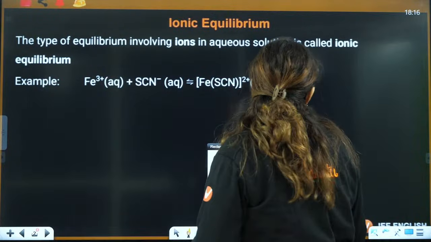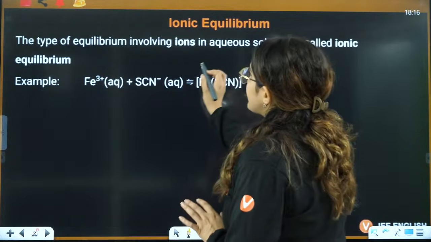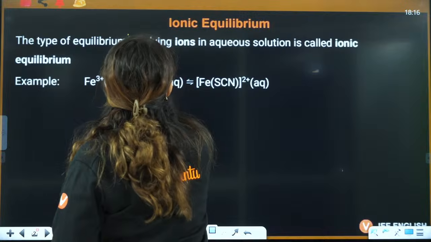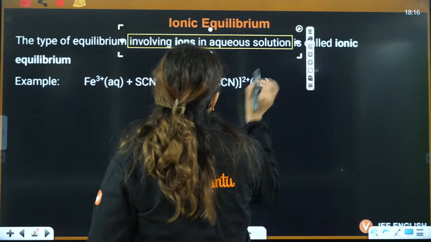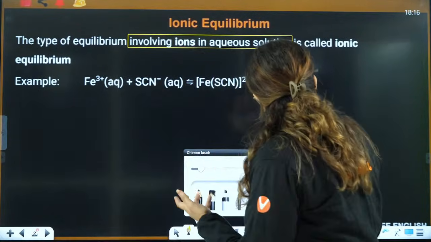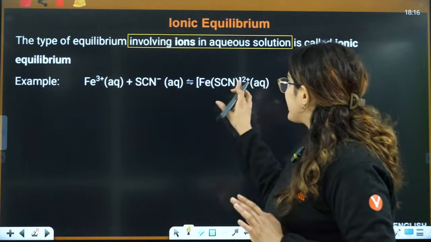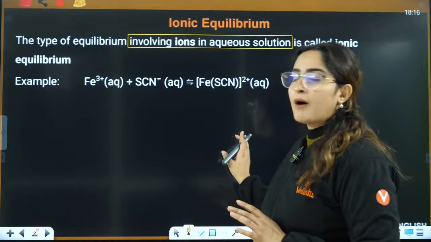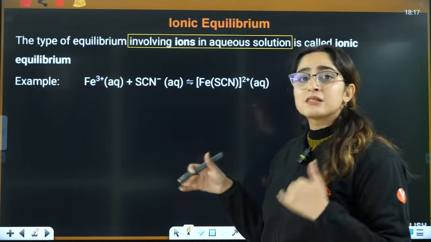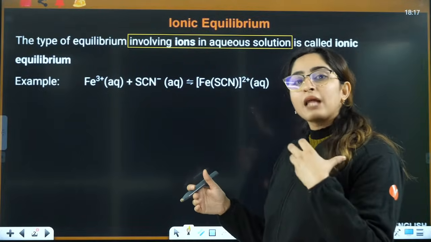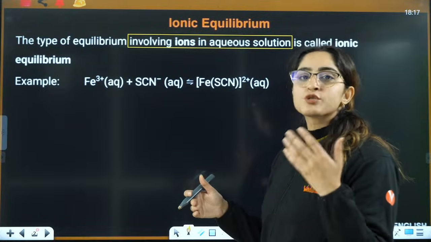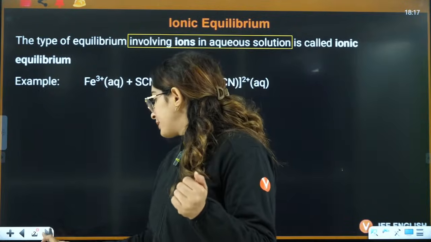So basically, let's say two ions are combining to give a compound, or one compound is being dissociated into ions. That equilibrium that is established between them is called ionic equilibrium.